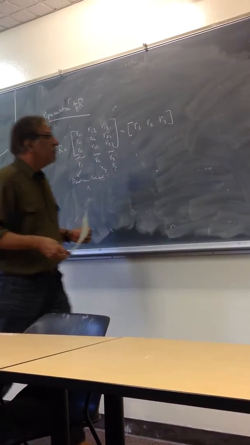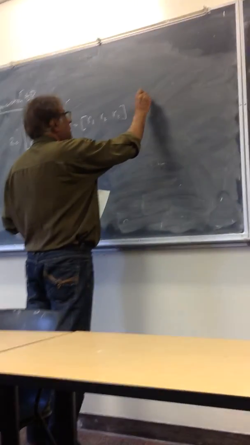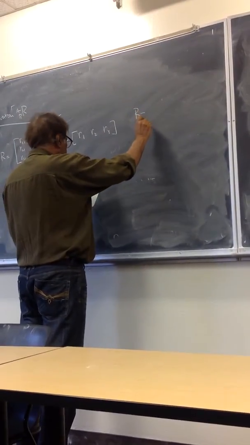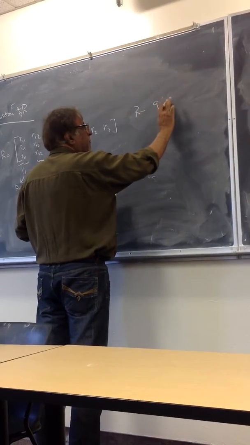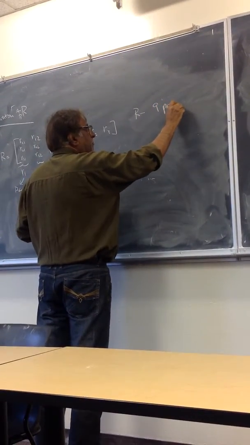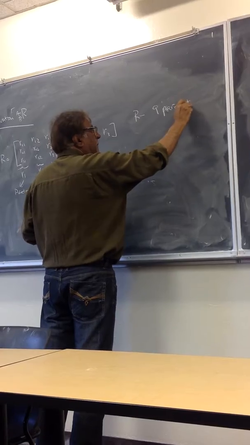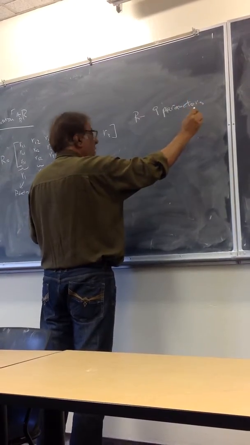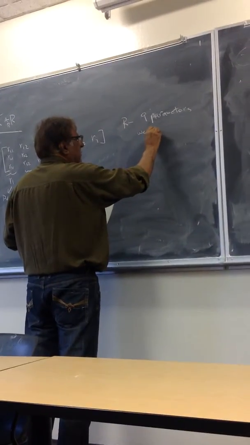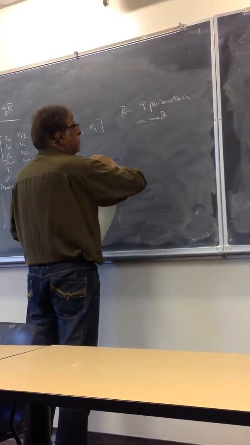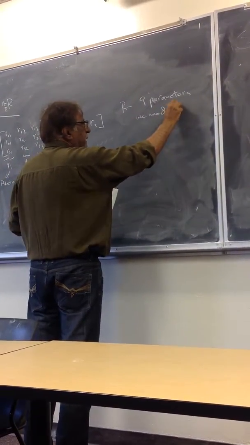So R has 9 parameters, and from these 9 parameters we need only 3.